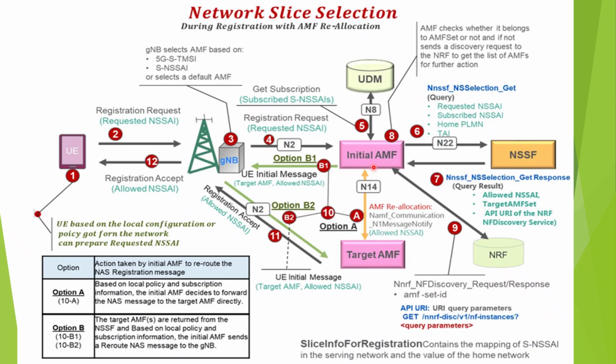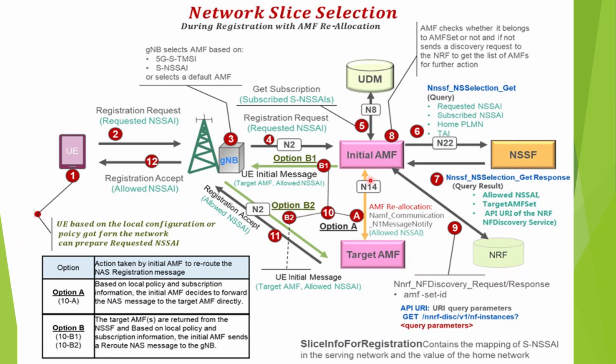Okay, first let us see the initial AMF from the NRF. It gets the reply that the NRF sends the AMF reallocation information to the target AMF. Once the process is completed, the registration acceptance response will be communicated to the gNodeB. The gNodeB sends the registration acceptance, so the flow is completed here.